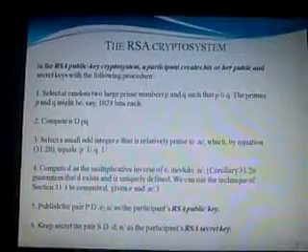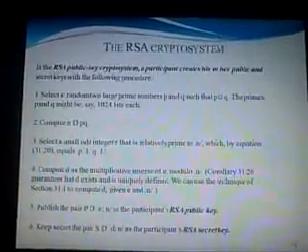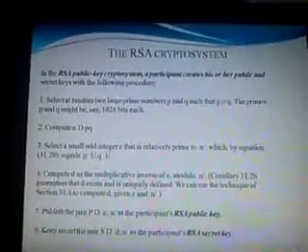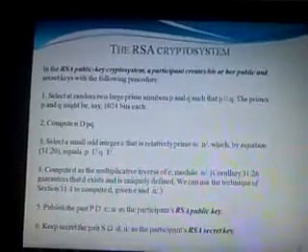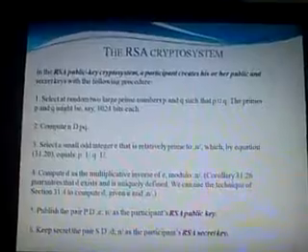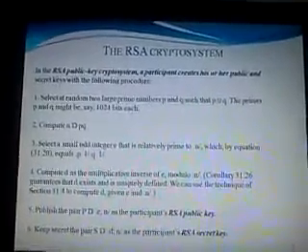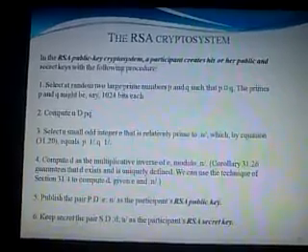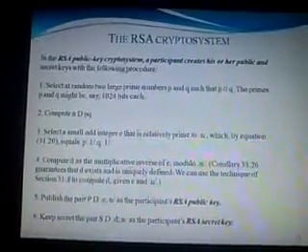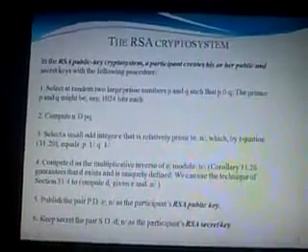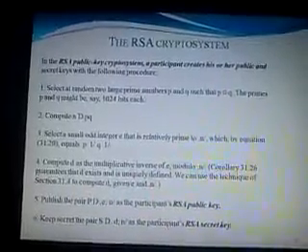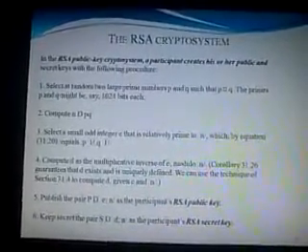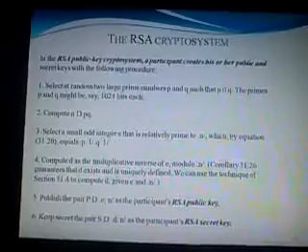The primes p and q might be, say, 1024 bits each. Now compute n equals p times q. Select a small odd integer e that is relatively prime to phi of n.